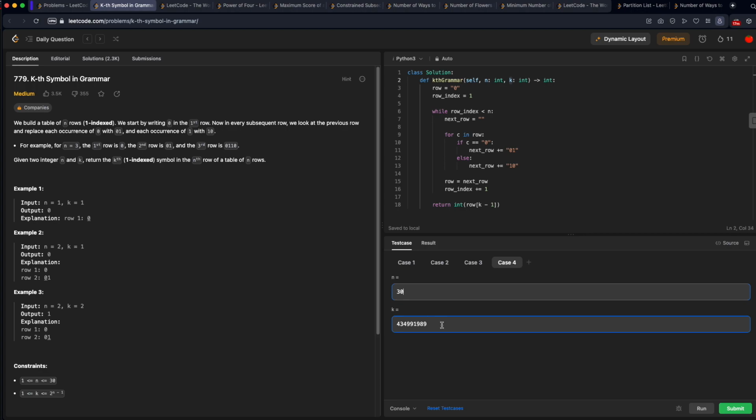If it's in the left half, that means I know when I made my first move, I had to go to the left. From my root node, I had to go left. If it's in the right half, that means I know from the root node, I had to go to the right. Next, we go up to the previous level. Where is our K in that tree or in that level? I do the same thing, figure out how many nodes are in that level, figure out if it's in the left half or the right half, and then work my way back all the way up till I get to the root. So I'm kind of working my way backwards here.